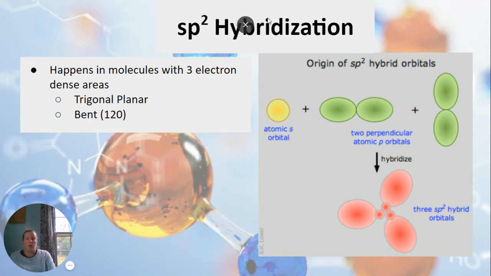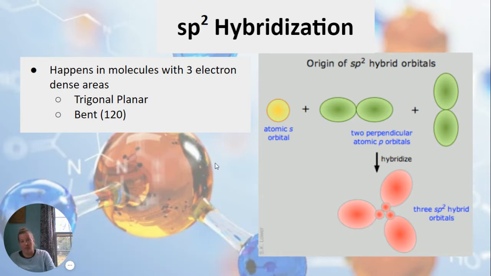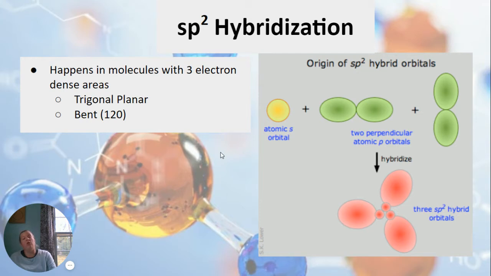Again, 1s, 2 p's, 3 electron dense areas. And what we end up getting here is the trigonal planar shape that we are used to talking about. The origin of the sp2 hybrid is that 2 p shell orbitals and an s shell merge together and give us this shape. Okay, you need to be able to look at a Lewis structure and just tell me what the hybridization is.